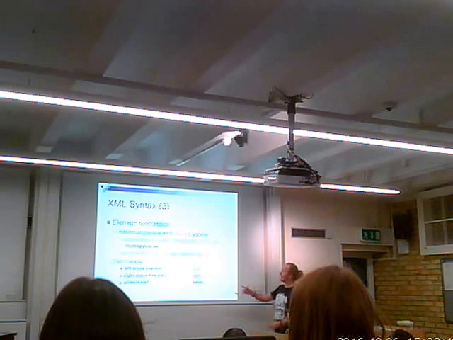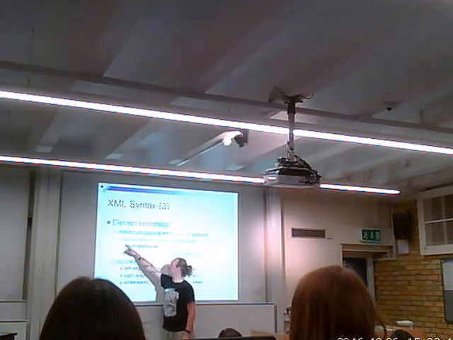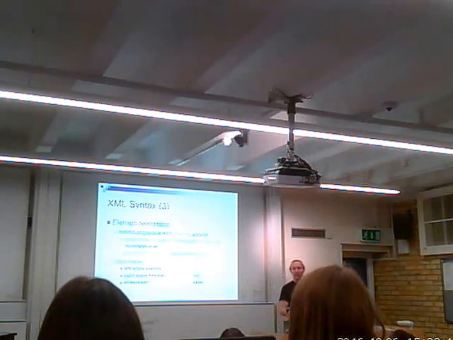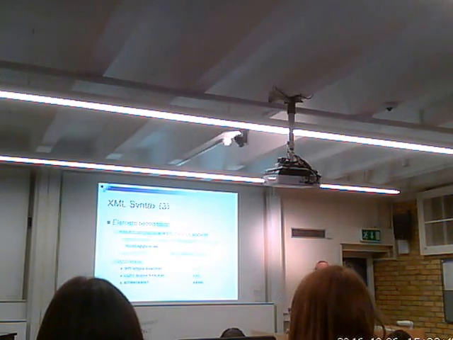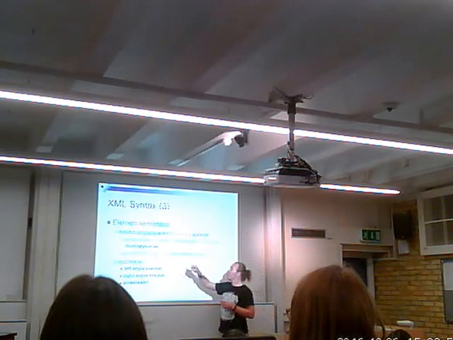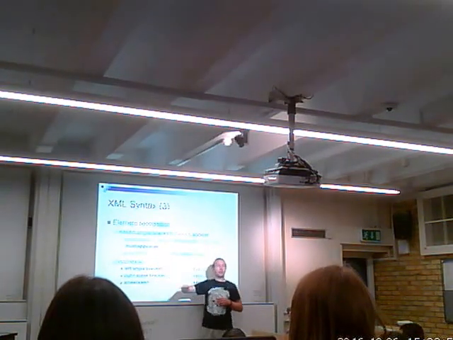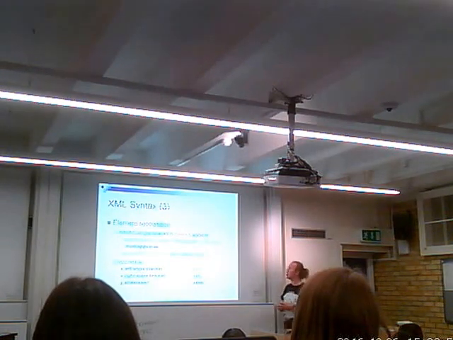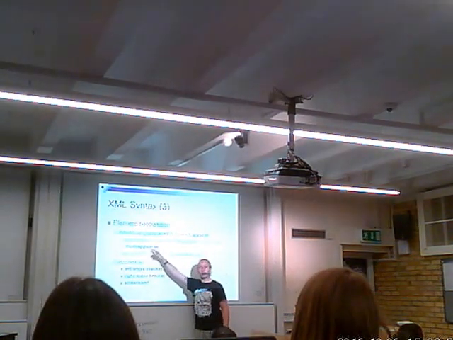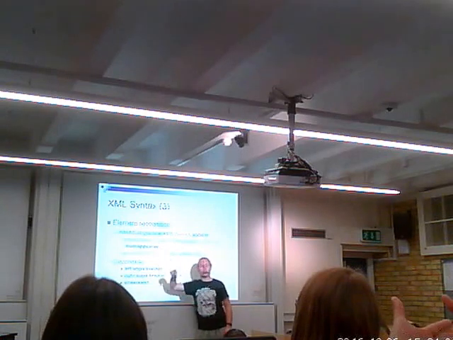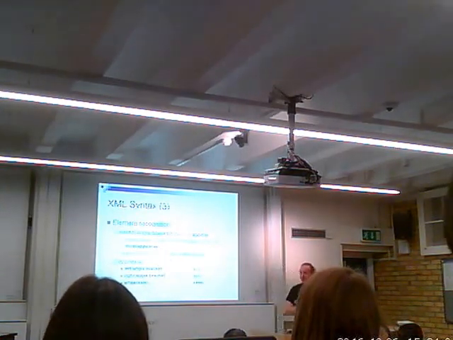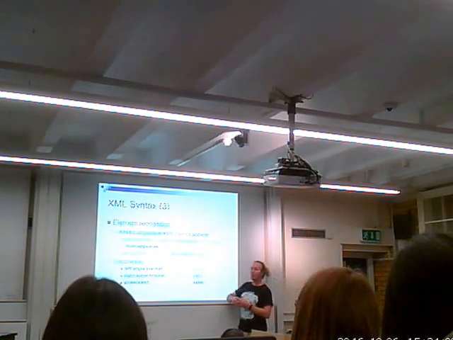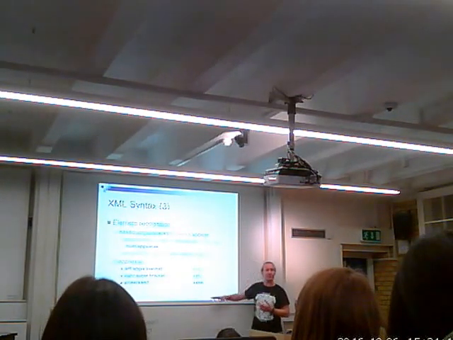Because angle brackets, left angle bracket, right angle bracket, are a key part of a machine determining when you're talking about a particular element, like when you're starting an element, you can't use them as data because the machine needs a way of determining when you're talking about a tag, and it does that by looking for the angle brackets. So using an angle bracket for data can be problematic for the software that's trying to read it.